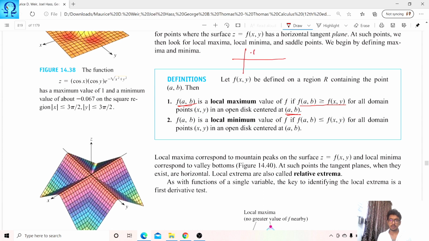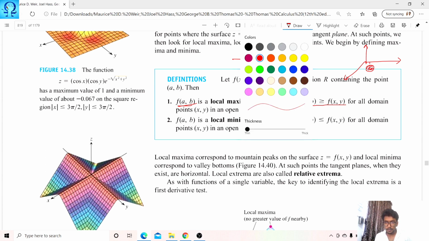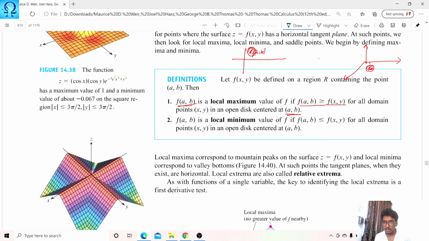If this is my point (a, b), I will have to identify some disk around it. Let me show you the projections, in three dimensions. So you have your point (a, b) inside it, around which you have chosen some open disk.